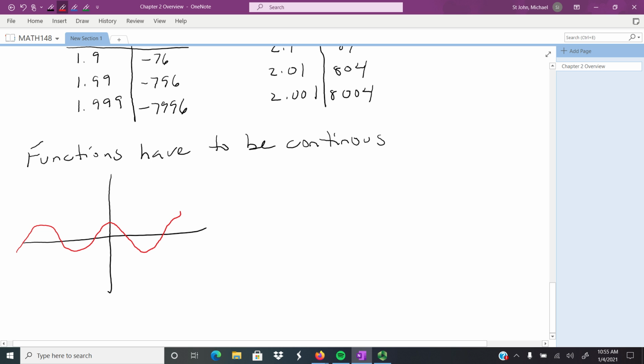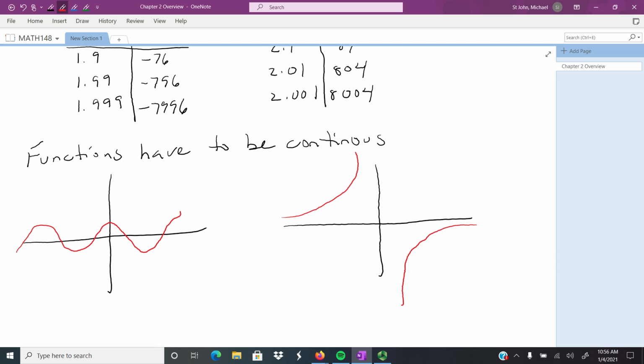But if I had a graph that looked like this, so now you get one that goes up like this and goes down like this. This one is not continuous. It has a break in it, right? So functions have to be continuous, right?